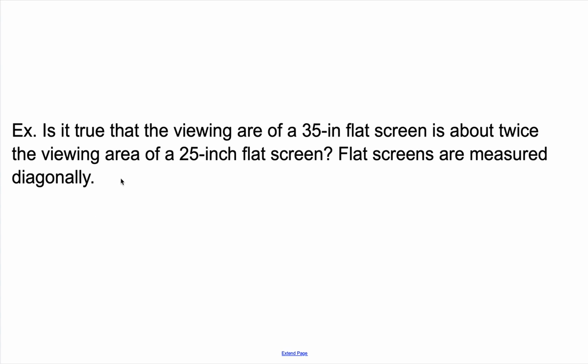So we are looking at a rectangular screen, right? So let's say you have a TV screen, and first one is area of 35 inches. Sorry, I misunderstood. Okay, it's not area, it says 35-inch flat screen. So you know, in flat screen we are looking at the diagonal, right, as the inches.